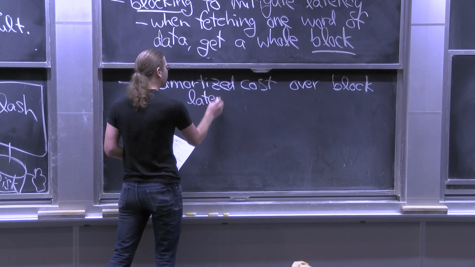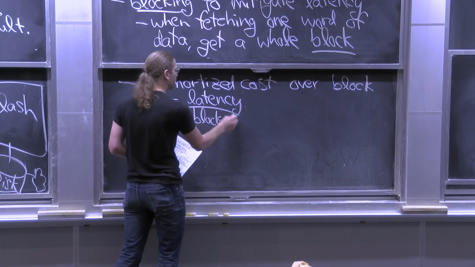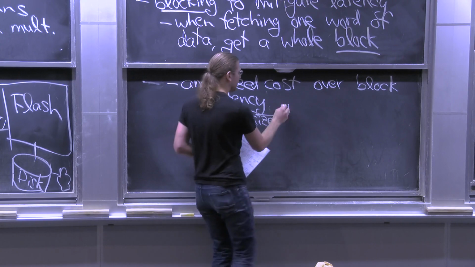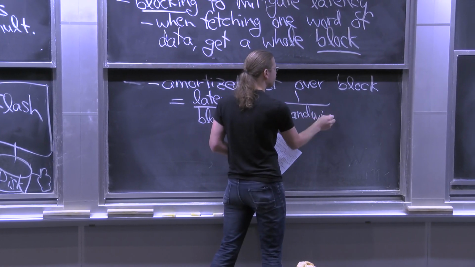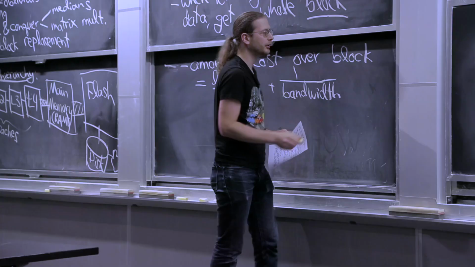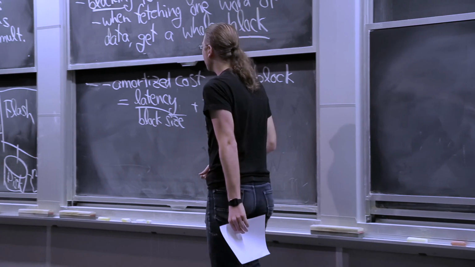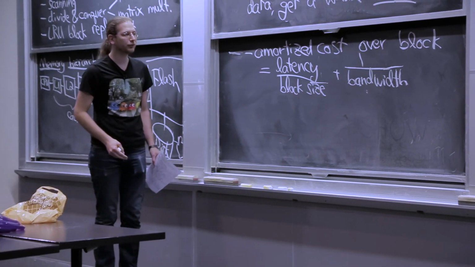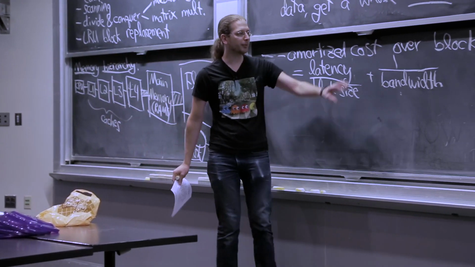We essentially divide the latency by the block size. And we have to pay 1 over bandwidth. Bandwidth is how many words a second you can read, say, from your memory. So 1 over bandwidth is going to be your cost. This we can't change, but by adding enough disks or making these pipes fat enough, you can basically make this big.